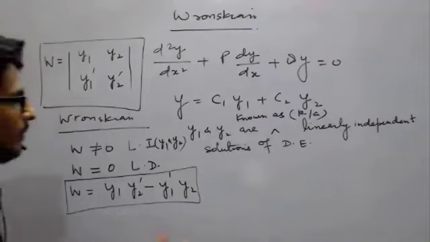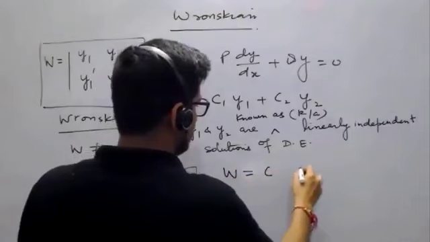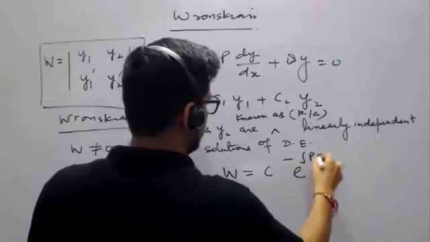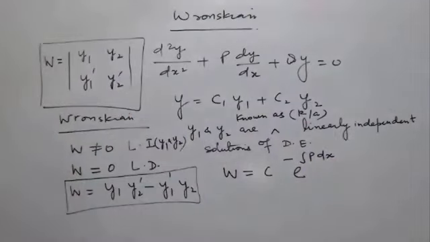So one more definition of Wronskian comes like this: W is equal to c e to the power minus integral p dx. Please note down this also.